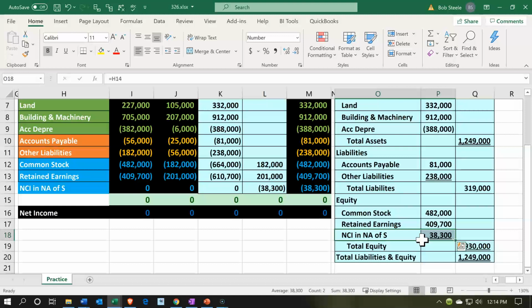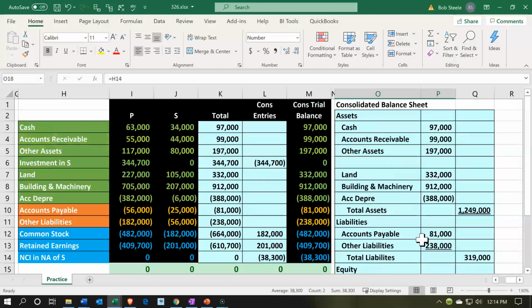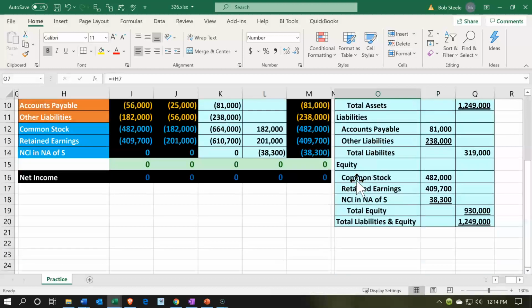In other words, P could do anything they want with any of the assets of S, because they can vote for it and have control over what happens. However, you can think of it this way: if the company was to liquidate and pay out, there would be a non-controlling interest of the 38,300 that the non-controlling interest would have claim to.